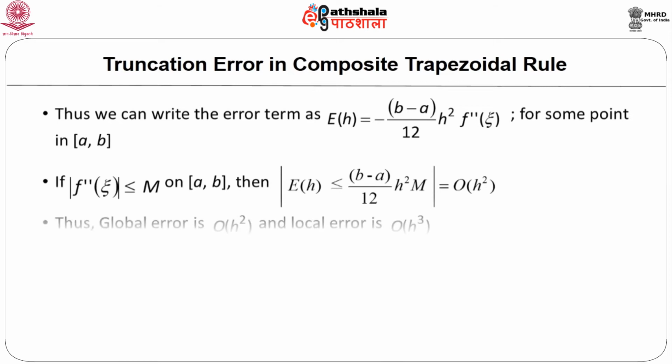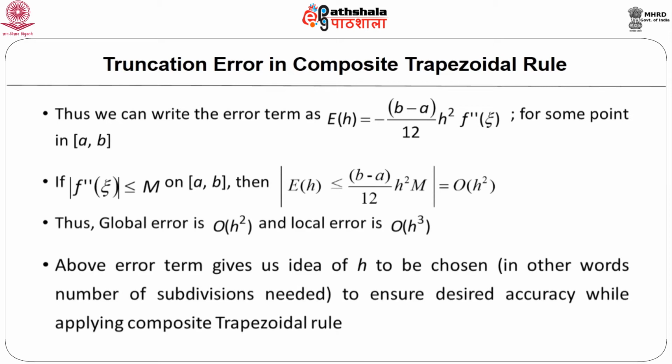And so we can write down the error term as minus b minus a by 12 h square f second derivative at xi, where xi lies in the interval a to b. If we can find an upper bound m on the second derivative of f on the interval a b, then we can say that the error is less than or equal to b minus a by 12 h square m.